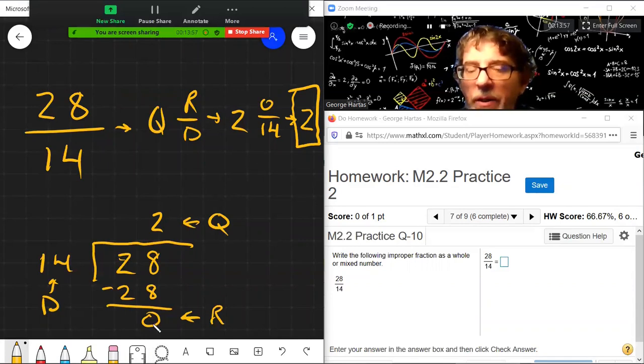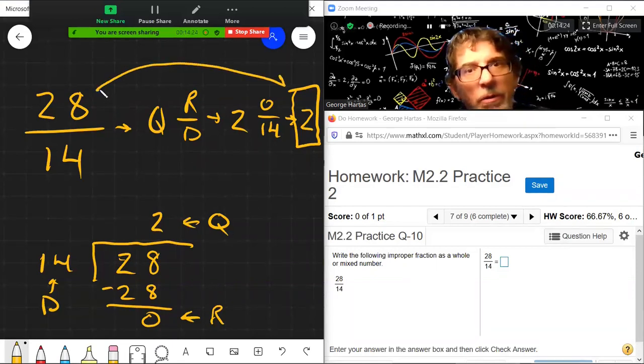No remainder, so there's no fractional part. Whenever the denominator divides evenly into the numerator with 0 remainder, which is rare but happens, if you know that in your head, don't bother with all of this. Just go from here right to there, and we're done.